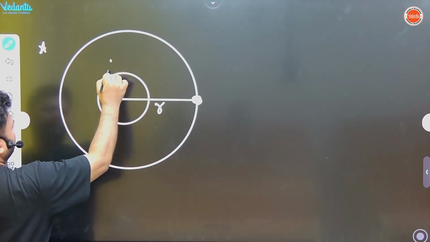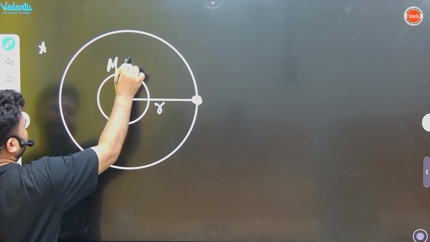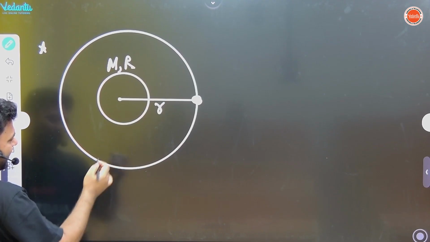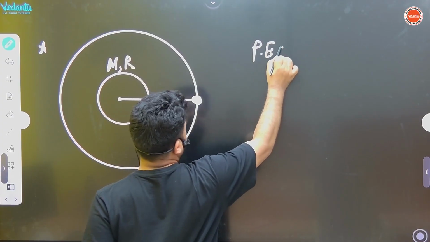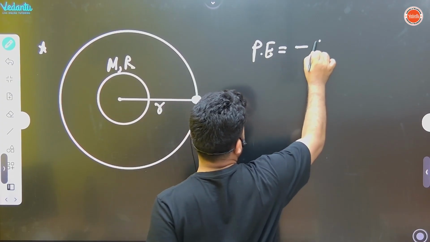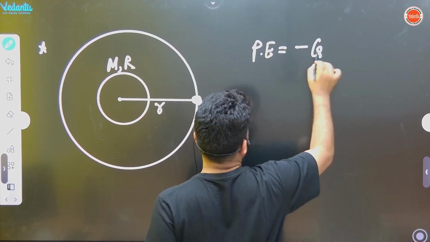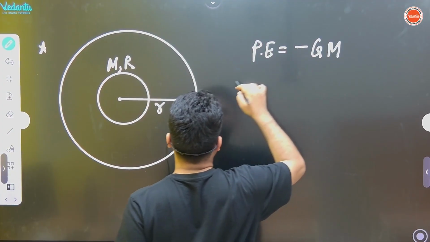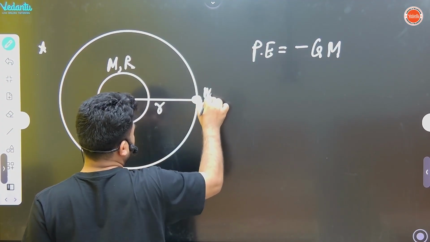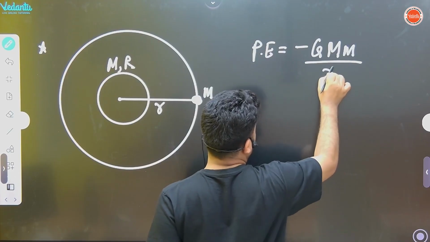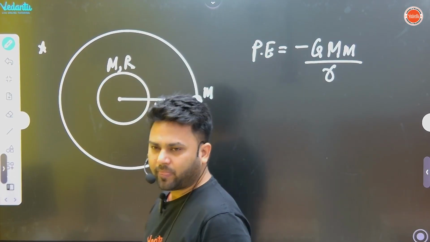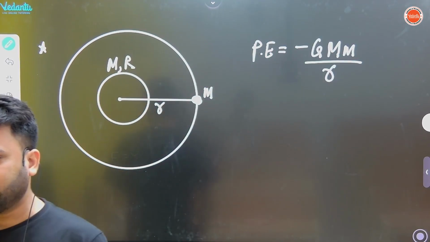M is the mass of the earth, r is the radius of the earth. If I ask what is the potential energy of the system, the basic formula we know is minus G m1 m2 by the distance between them, that is r, where m1 is the mass of the earth and m2 is the mass of the satellite. This is the potential energy of the earth and satellite system.